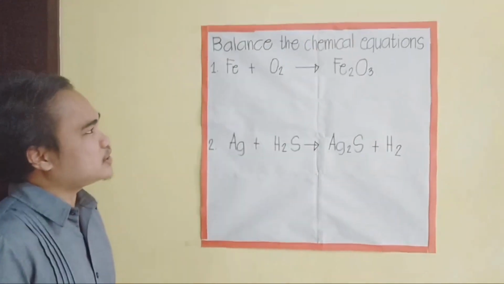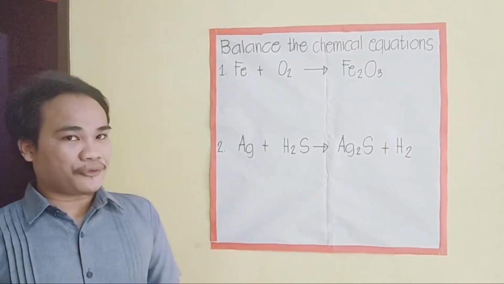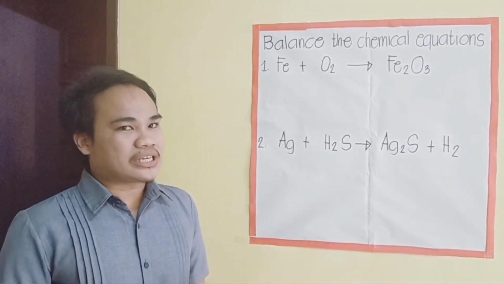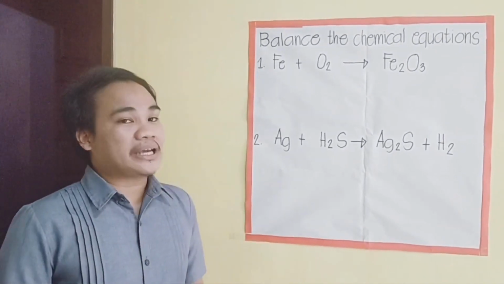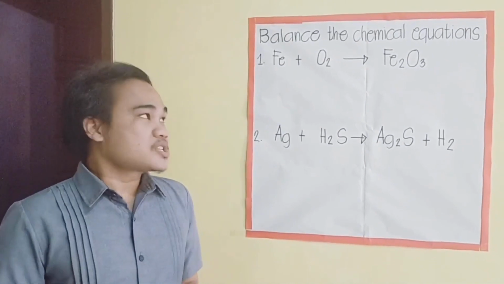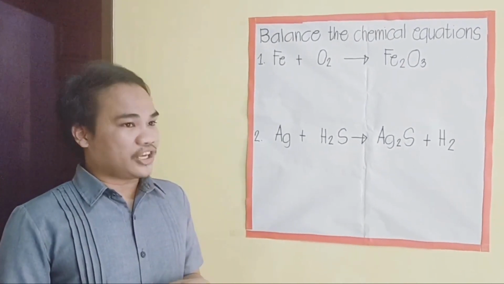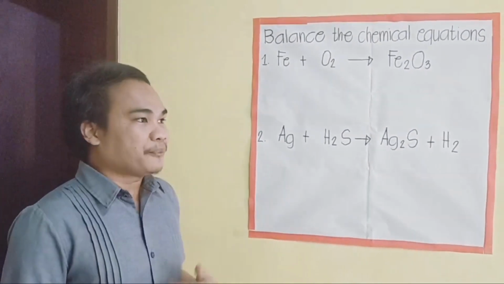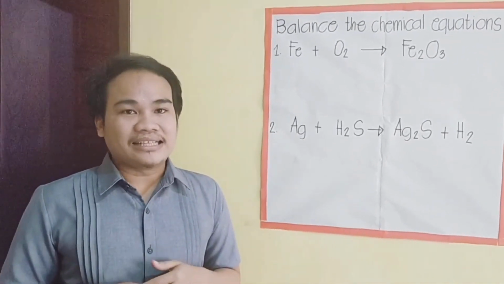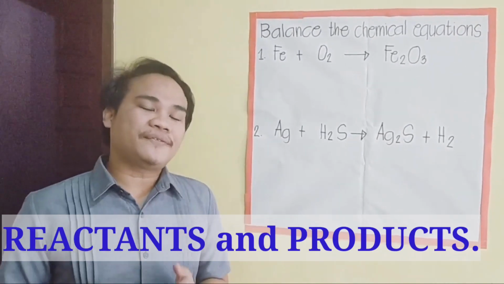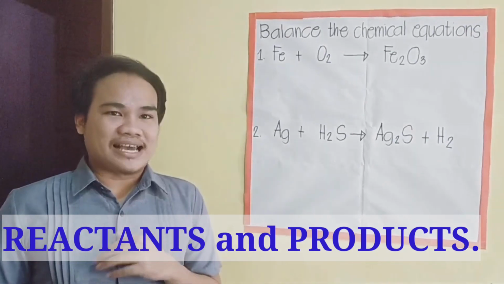So before we start to balance the chemical equation, let me recall some data about chemical equations. The composition of chemical equations are the following. We have reactants and products. So what is the difference between reactants and products?